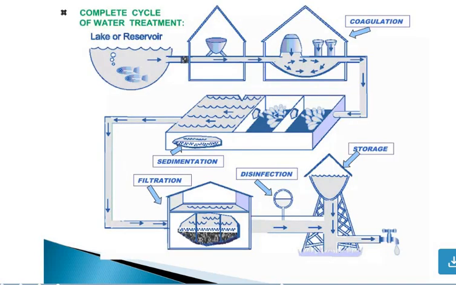So, the complete cycle of water treatment here. First, lake or reservoir, coagulation, sedimentation, filtration, disinfection, and storage and supply. I repeat, the complete cycle of water treatment. First, lake or reservoir where you have water. Then coagulation.